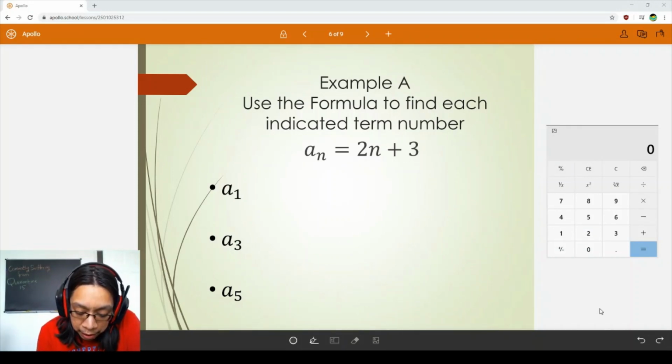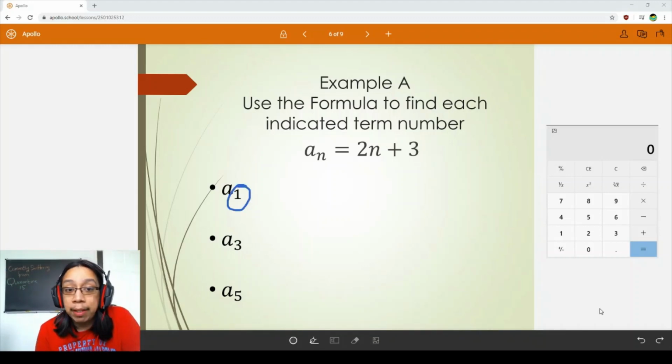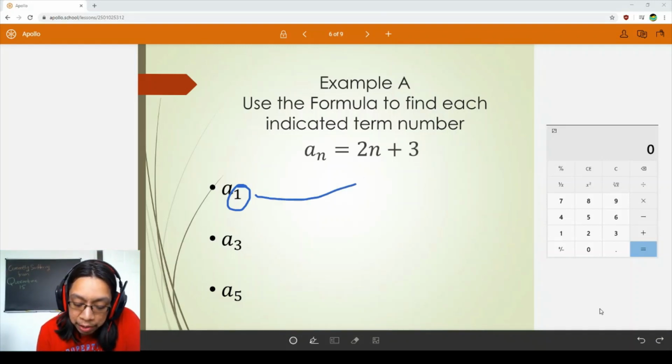Focus on the little number at the bottom. That little number is the number that you're going to plug in for the letter n in this equation over here. Like I was saying, the general term will tell you immediately, specifically, what number is in that spot.